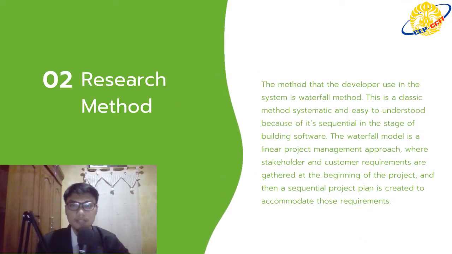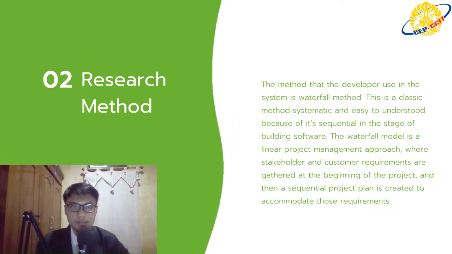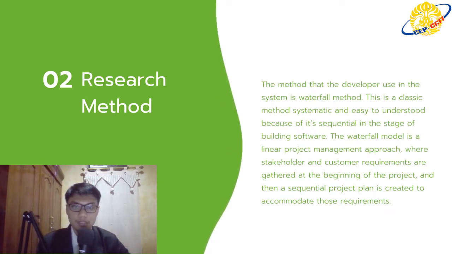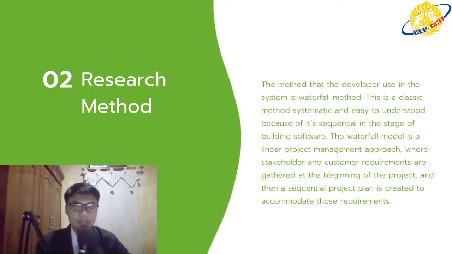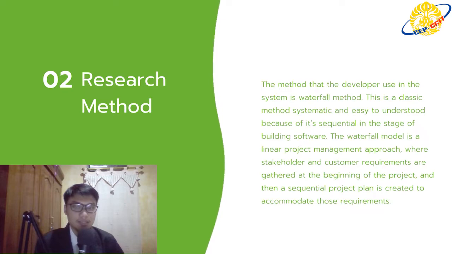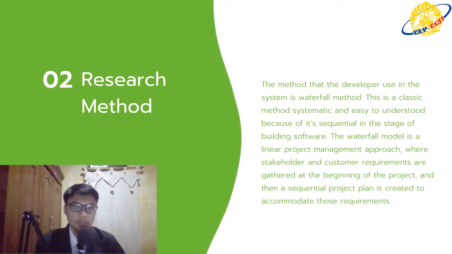Next is the method that the developer used to build the digital library management system. The method used is the waterfall method. The waterfall method is a classic method that is systematic and easy to understand because of its sequential stages in building software.